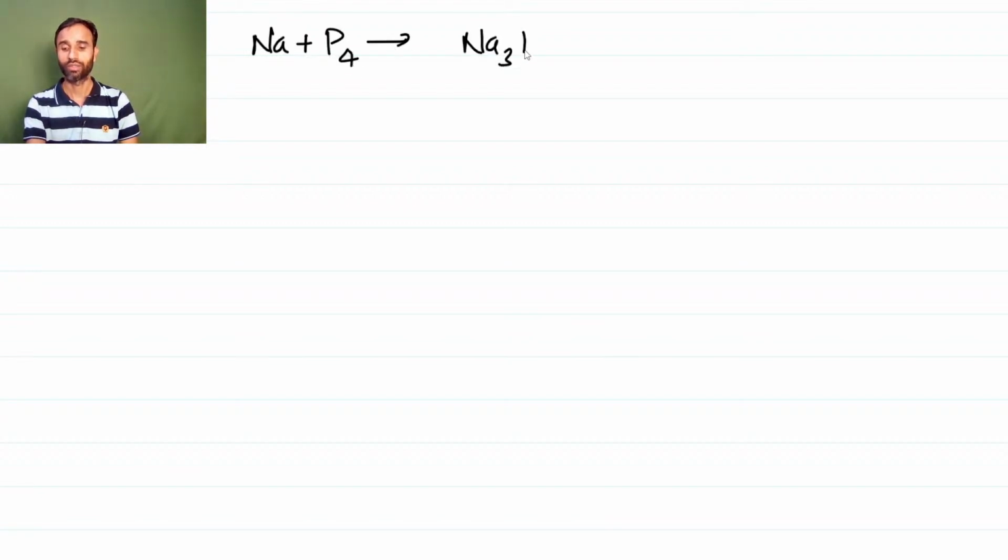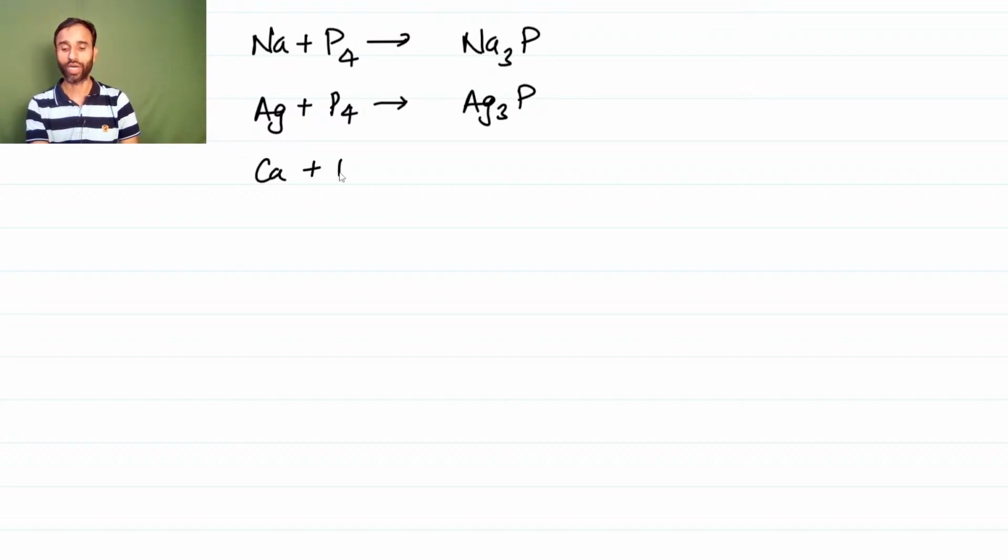White phosphorus is called yellow phosphorus because it turns yellow on exposure to light. Even it can react with metals like sodium. When sodium reacts with phosphorus, we get sodium phosphide. Even silver can react with white phosphorus to give silver phosphide.